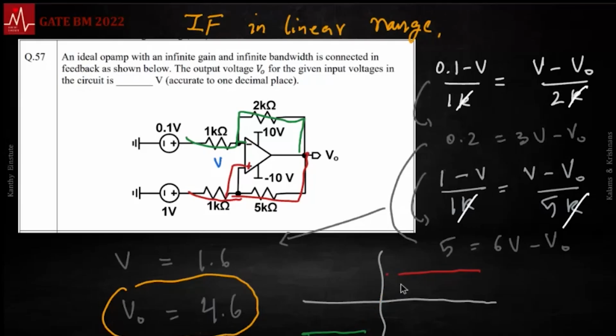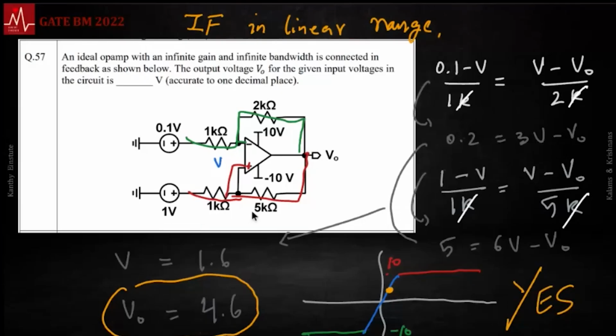In reality, it's like a slant line. This is this way, whereas this is somewhere over here. This is still in the linear range. It hasn't touched either the 10 volt or minus 10 volt. Here, I know, yes, this is in the linear range.